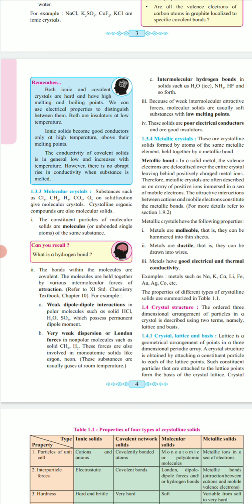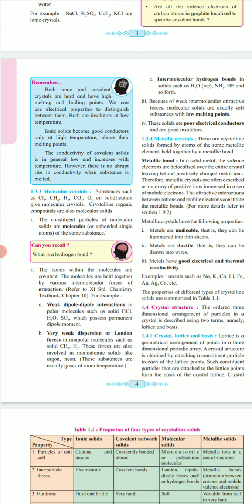The constituent particles of molecular solids are molecules or unbonded single atoms of the substance. Second point, the bonds within the molecule are covalent. The molecules are held together by various intermolecular forces of attraction.